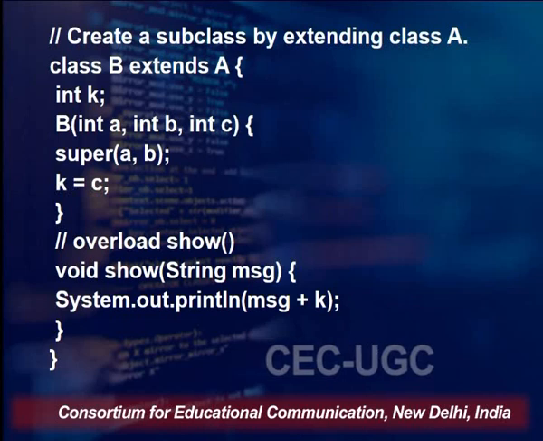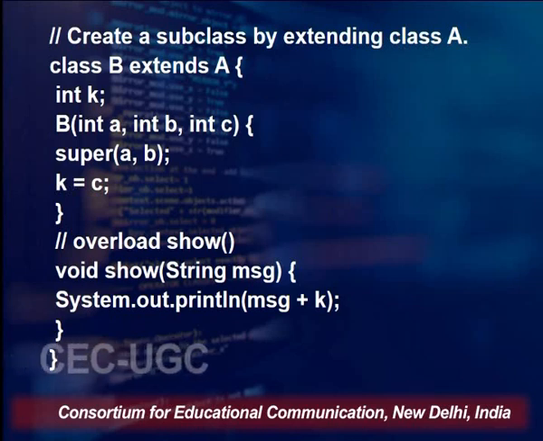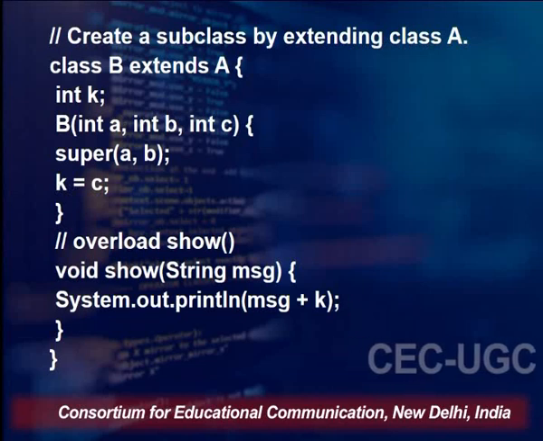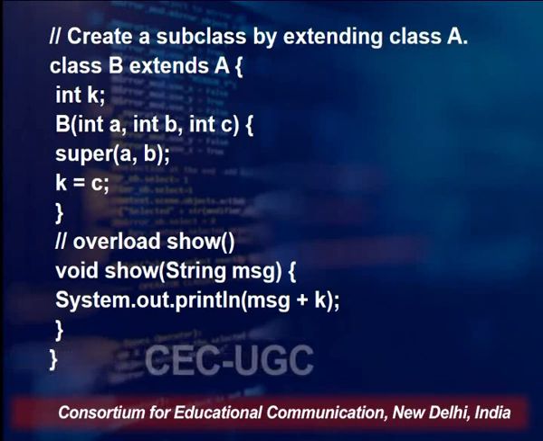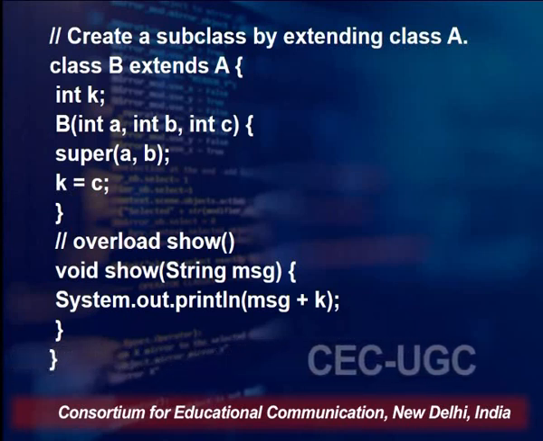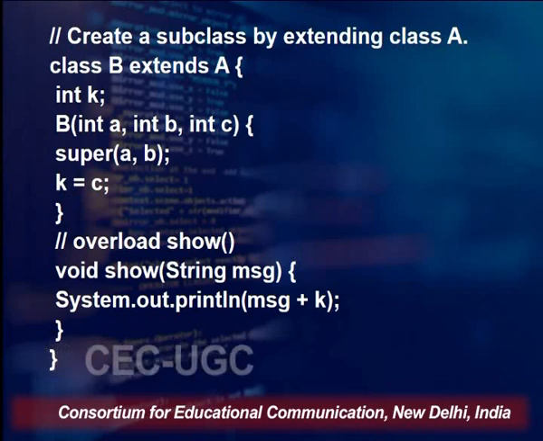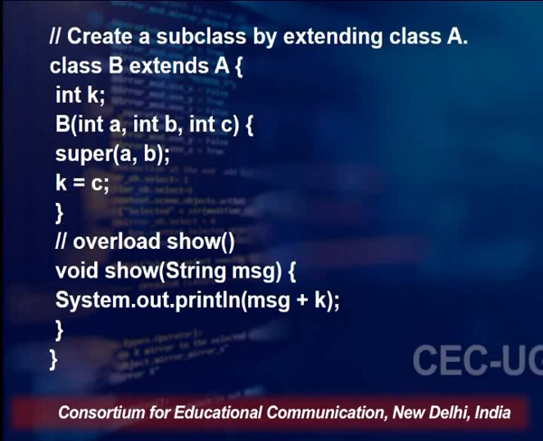Because the signature of the show method in both the classes is different, when class B extends class A, class B after inheritance will have two versions of show. One version with no parameters, which comes from class A because of inheritance, and another version of show with one string parameter, which is its own method.